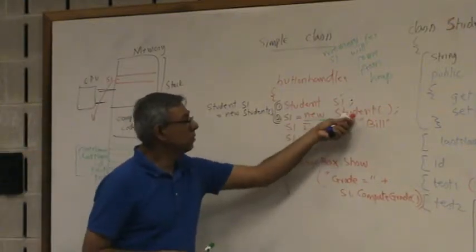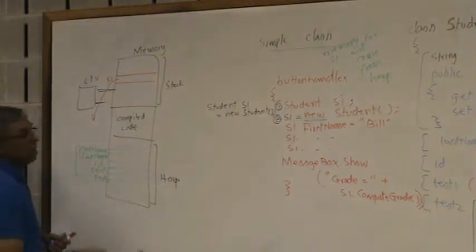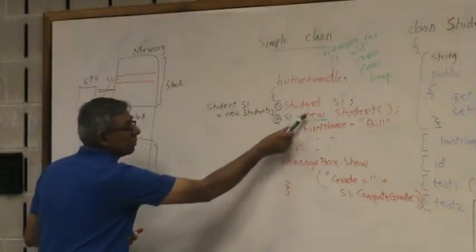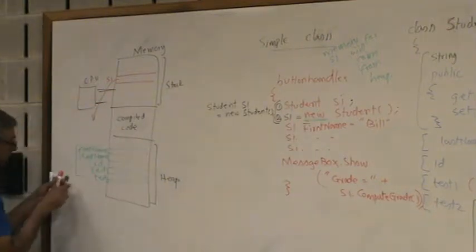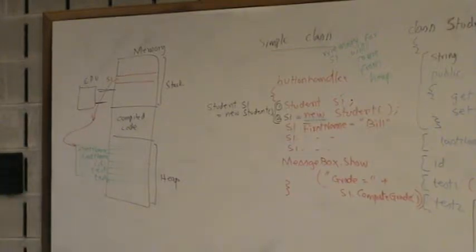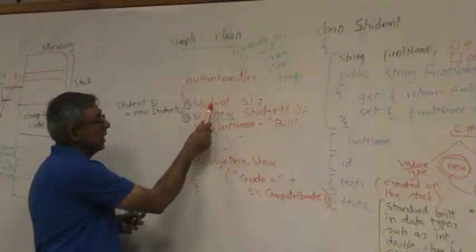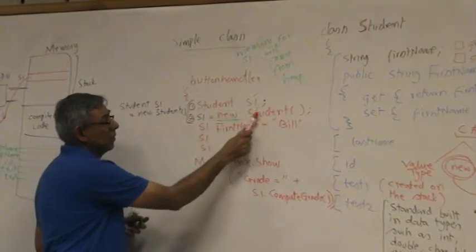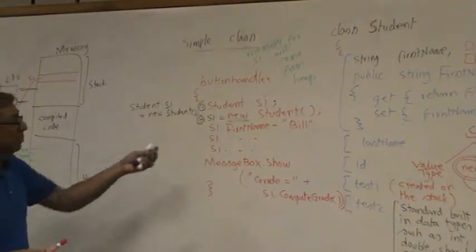So new student will end up allocating this memory in the heap. Now let's connect the two together. S1 equal to new student, so S1 now will be pointing over here. This is exactly what the computer will do as soon as it executes the statement student S1 equal to new student. Now let's go to the next statement.